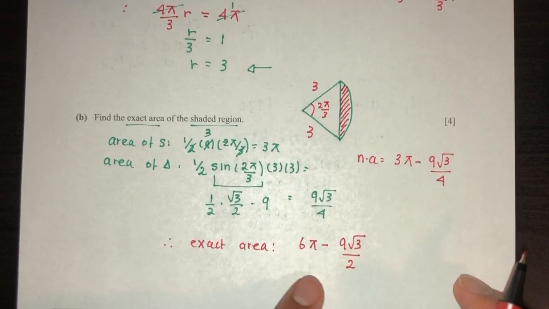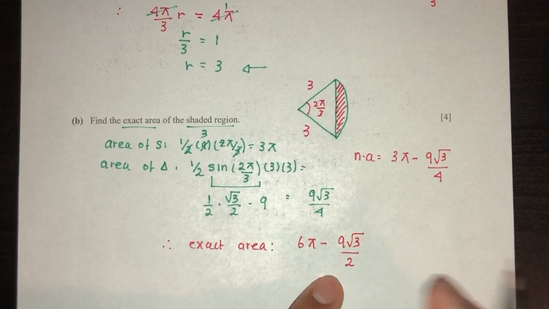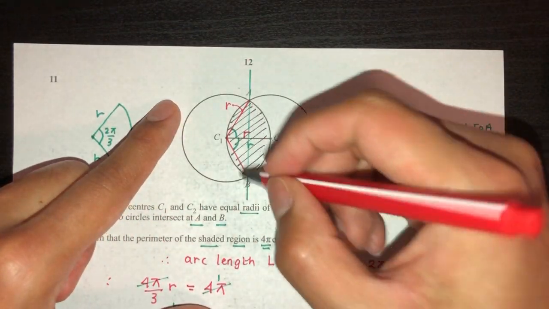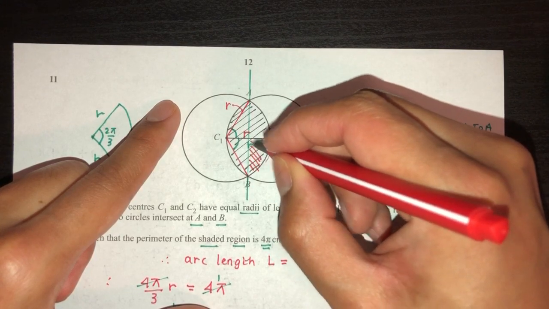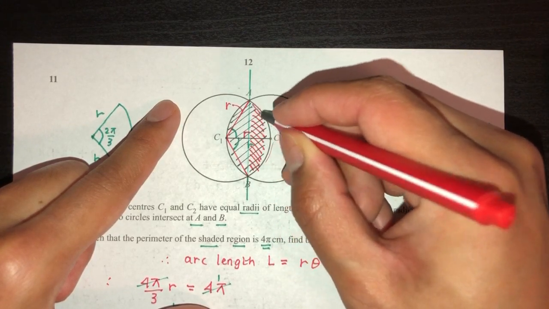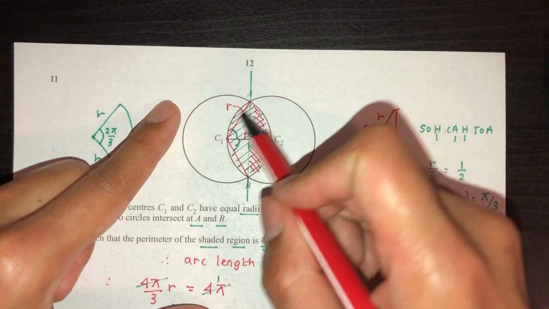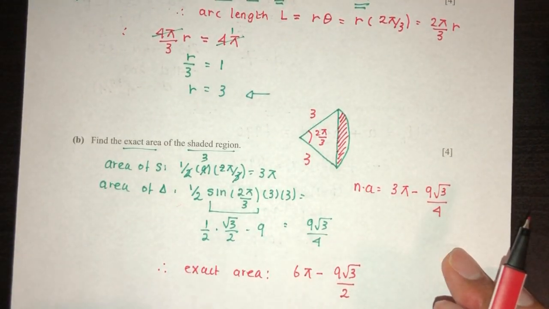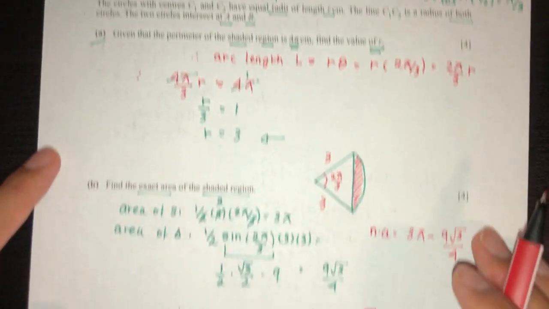The reason we multiply by 2 is that the shape on this side, which we found, is the same as the other side. That's why we find this and multiply by 2 to get the exact area. And that will be your question number 11.